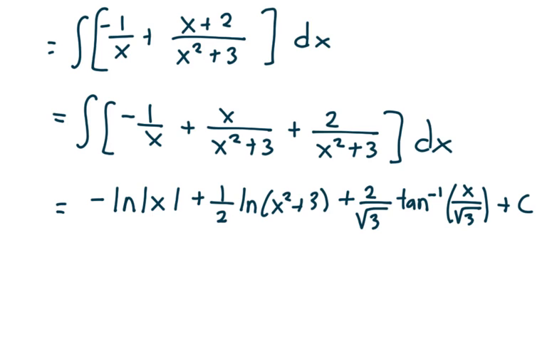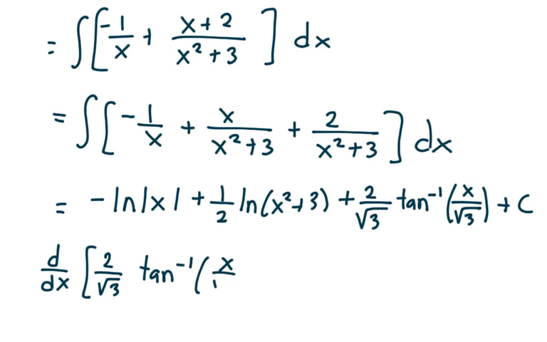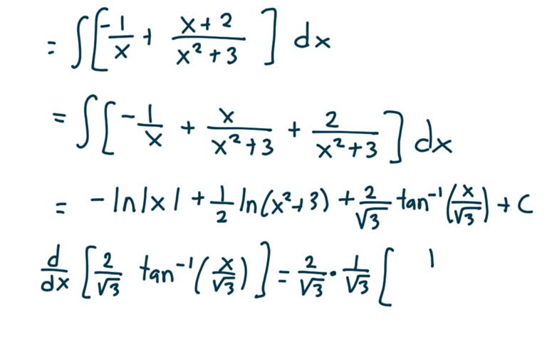Now, we can convince ourselves by taking the derivative back again. So I'm going to take d/dx of 2 over root 3 arctangent of x over root 3. So this is 2 over root 3 times 1 over root 3 times 1 over (1 plus x squared over 3).